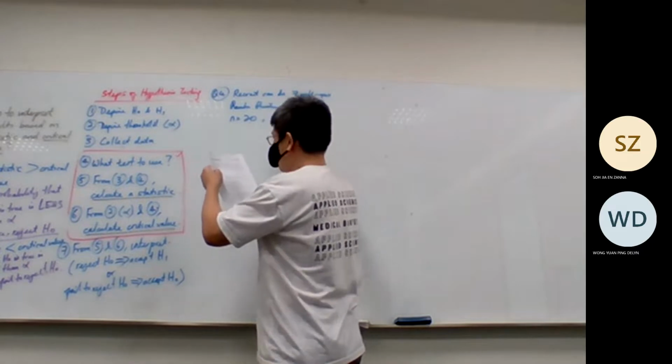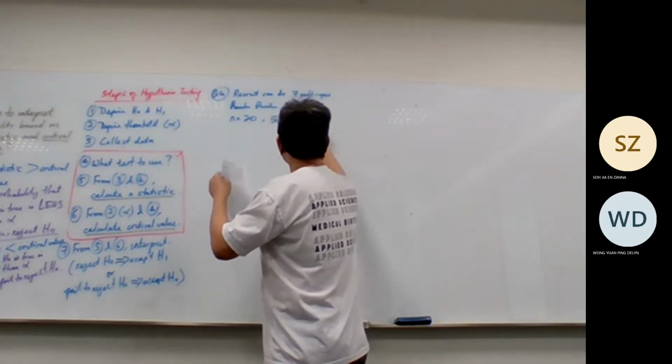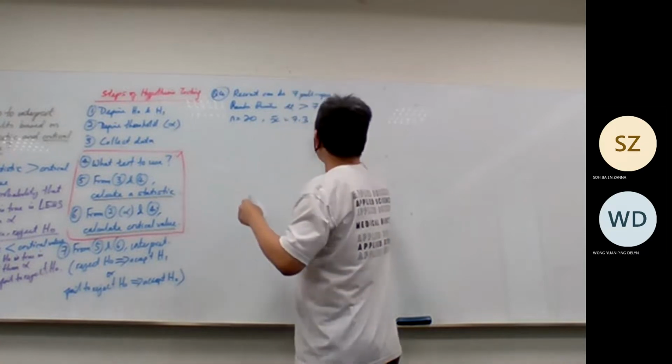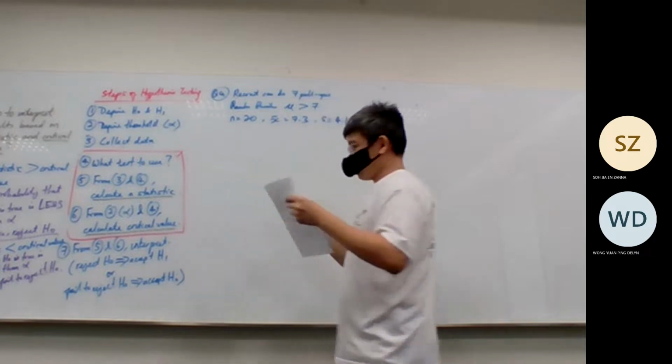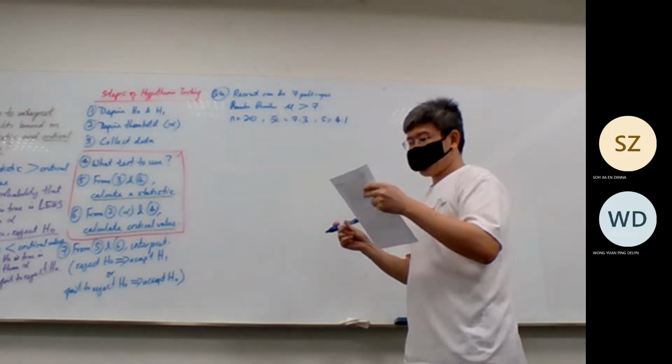Okay. The mean is 7.3. Standard deviation is 4.1. Okay.